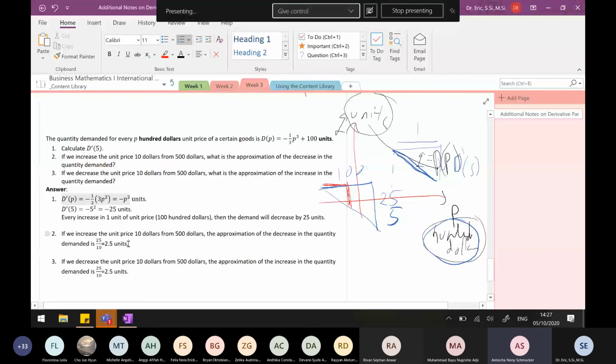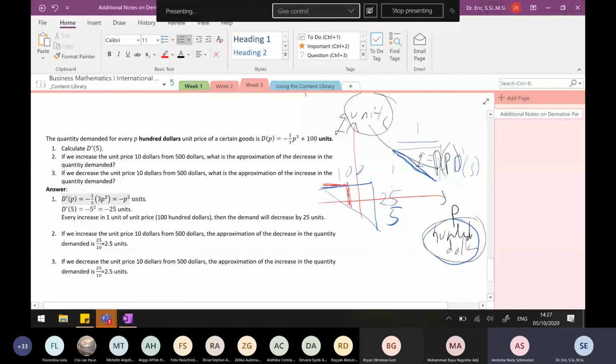Because it should be multiplied by 1/5. Well, from my understanding, can I help to answer, sir? Yeah, okay. Because 10 over 100 is 1/10, right? So you divide 25 by 10.